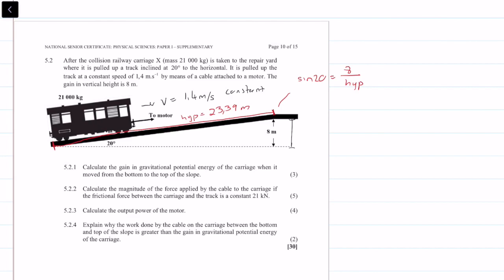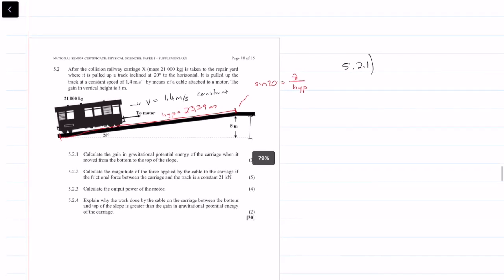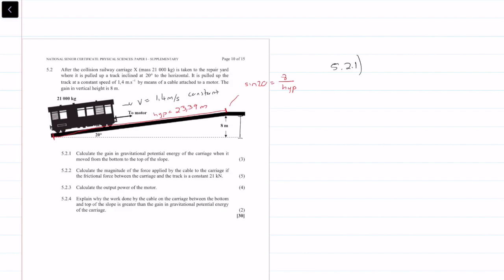Okay, so let's start off with question 5.2.1. It says, calculate the gain in gravitational potential energy of the carriage when it's moved from the bottom to the top. Okay, so that's very easy. So what's it asking for? The gain in gravitational potential energy, which is EP, and it's given by the formula mgh. We know what g is, we know what m is, and we know what h is. Mass is 21,000, g is 9.8, let's use 9.8, and the height is 8 meters.